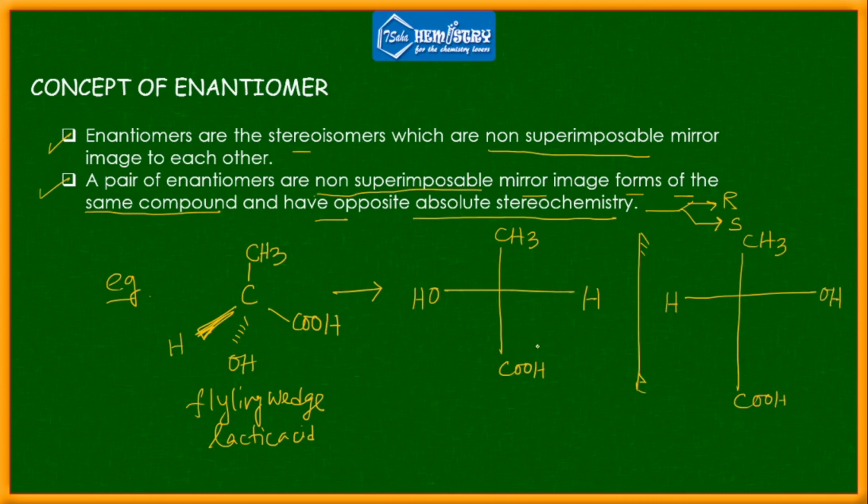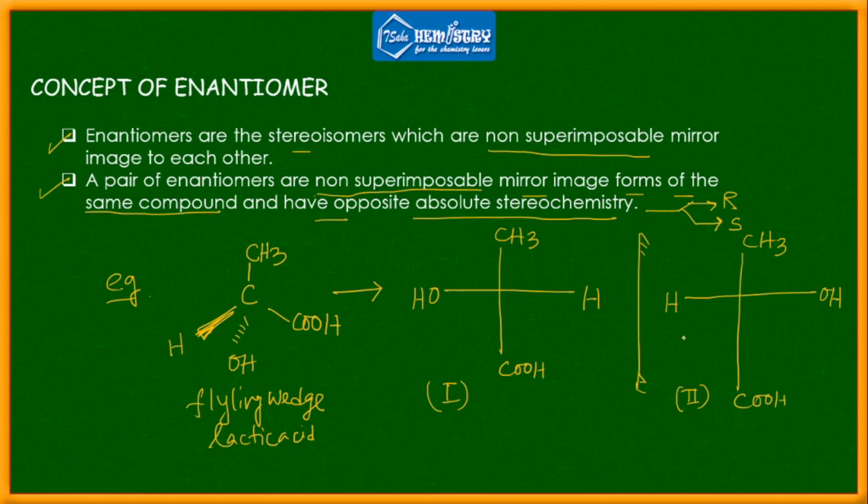Now look at this molecule very carefully. So this is the mirror image. This is molecule number 1, say this is molecule number 2. So molecule number 2 is the mirror image of molecule number 1. Now if you put molecule number 2 over molecule number 1, you are not getting an identical structure. You are not at all getting an identical structure. So these two compounds are basically known as enantiomers.